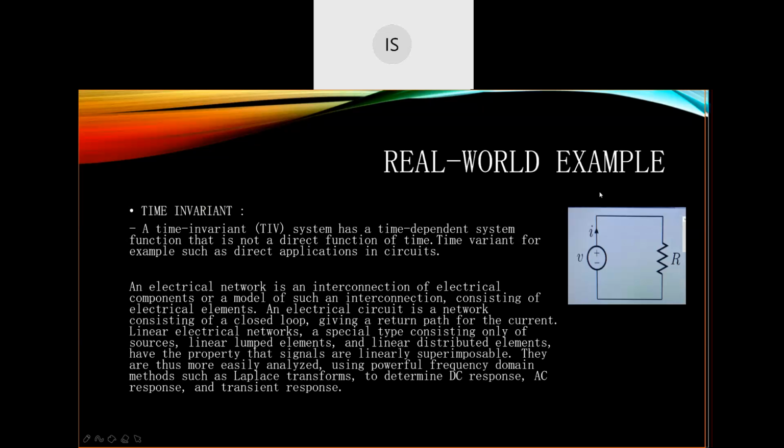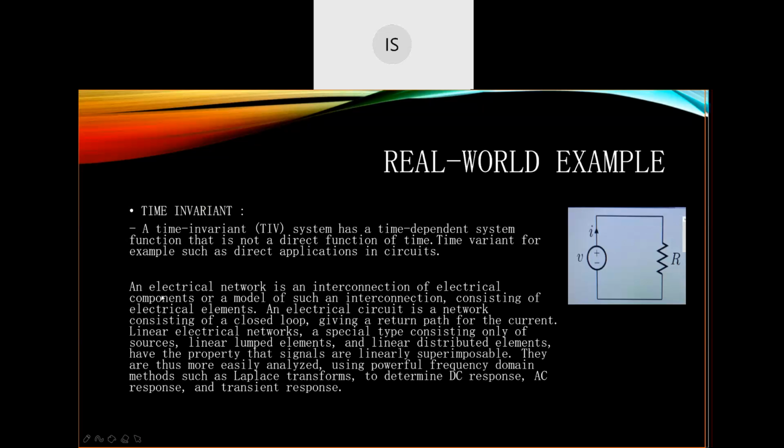For the real world example for time variant, as described by Isaac, the time variant is about a delay time. A time invariant system has a time dependent system function that is not a direct function of time. A direct application is circuits.